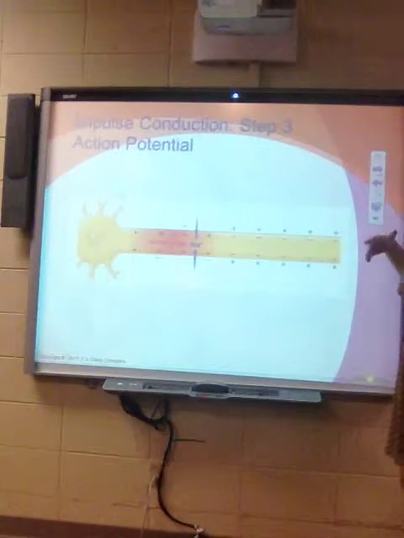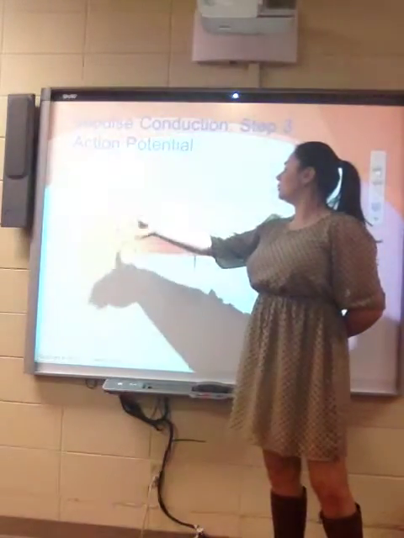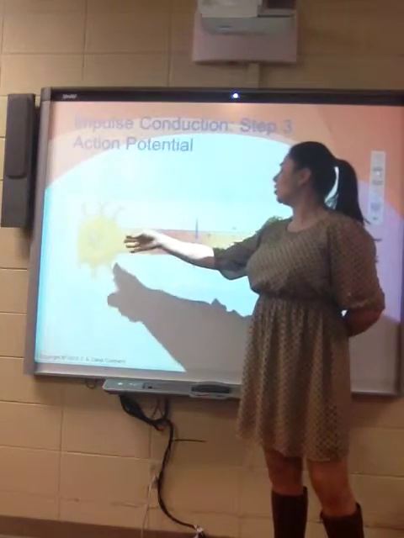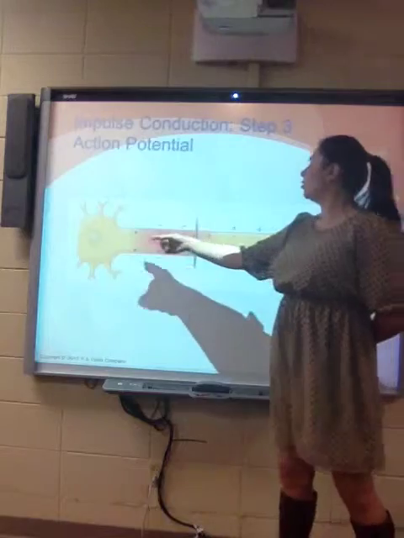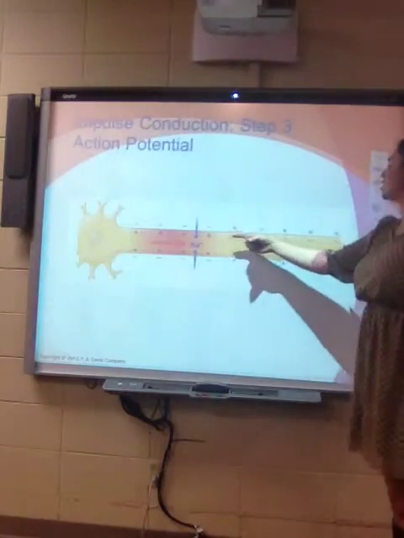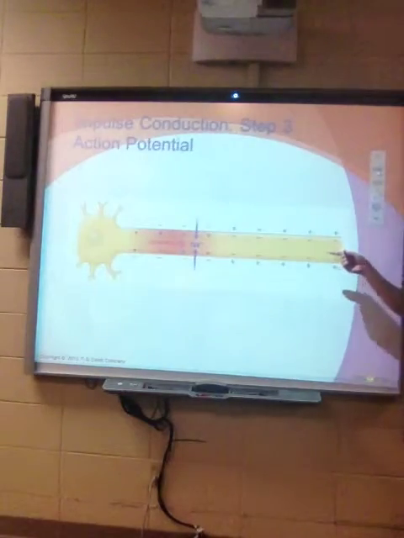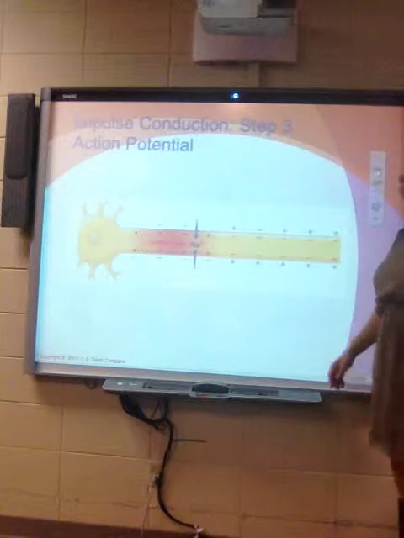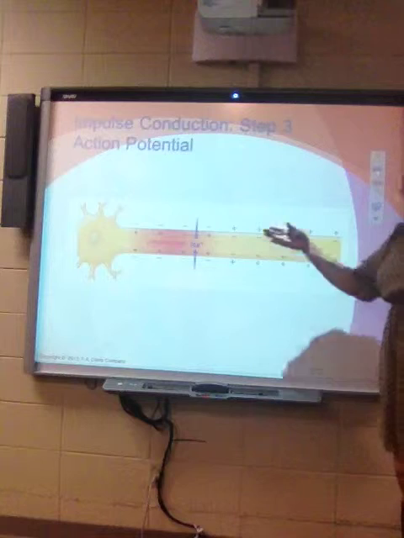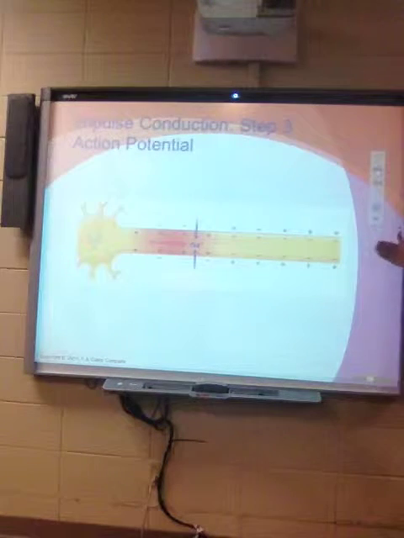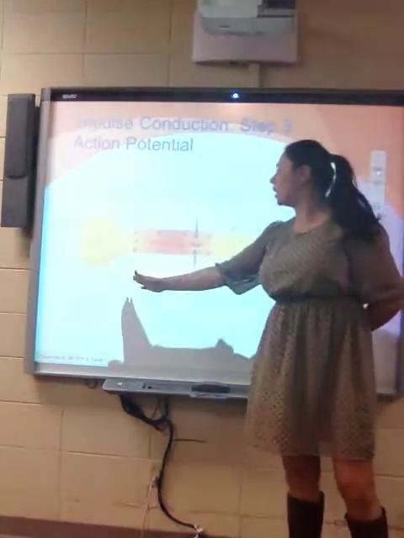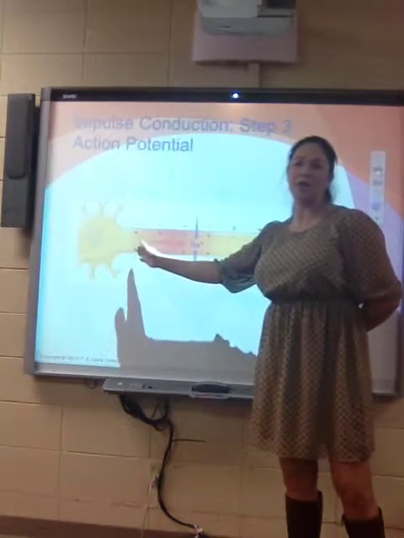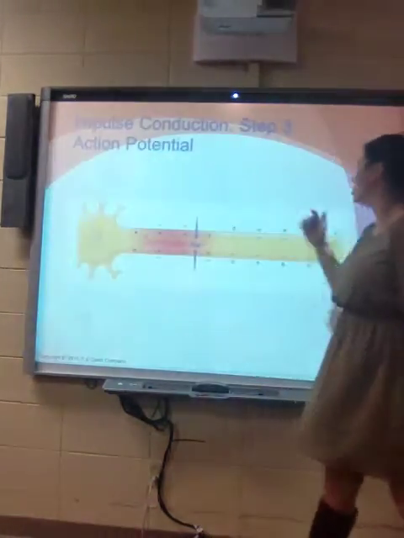And if you have enough of that, say if it reaches a threshold, it'll overflow and you'll get that charge, that change, go all the way down that neuron. Specifically that axon, that tail. So that's action potential is when it kind of cascades down that axon. Because you can just have one and it just wasn't enough and it doesn't go anywhere. So then you don't have an impulse.